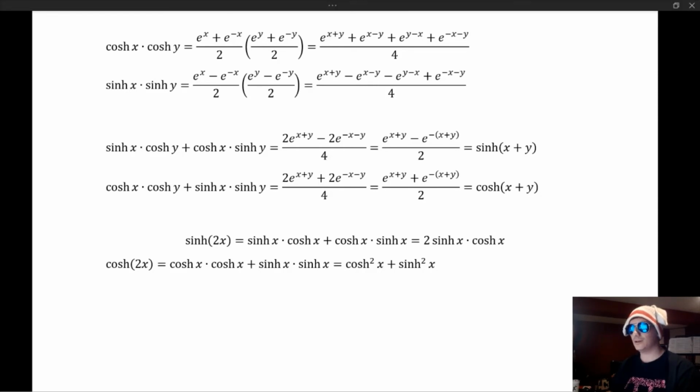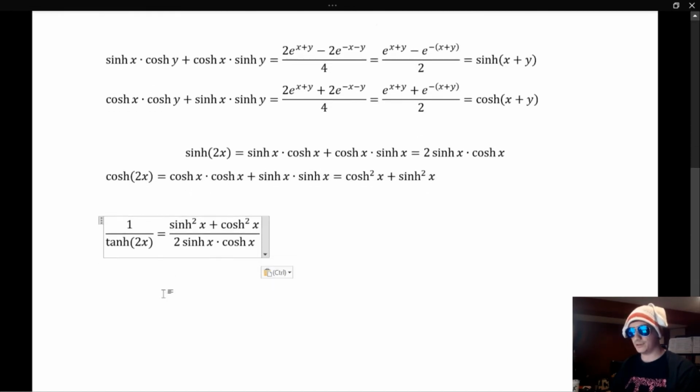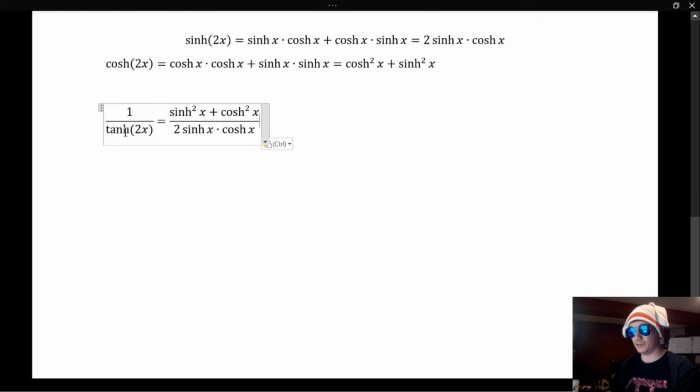Okay, now the last thing we are going to do here is do a double angle formula for tanh of x, because I had defined this here, but I haven't used it yet. Now, this one has a very elegant solution. I'm going to start with doing the reciprocal of tanh 2x, because it's just going to make the algebra a little bit easier.